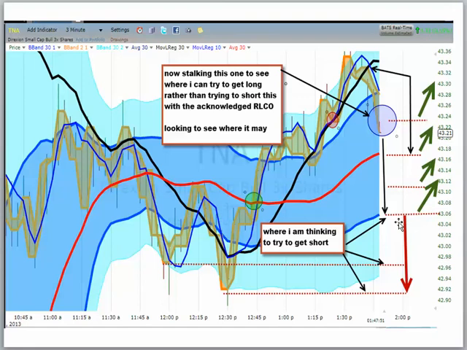then there are 3 places I can think about getting short instead of looking for continuation patterns to the upside. Places I want to start thinking about getting short are either immediately upon breaching the river, or maybe taking out this ribbon swing low from this ribbon here around 42.97, or the working swing low at, and certainly not later than 42.92, because that would have invalidated this entire package.